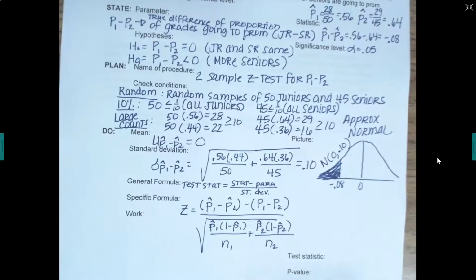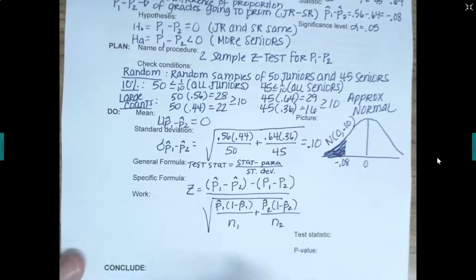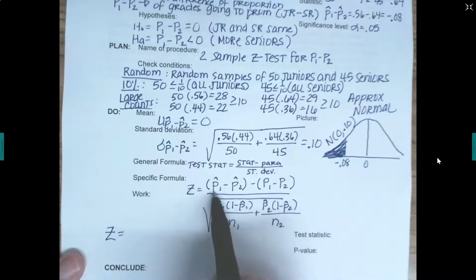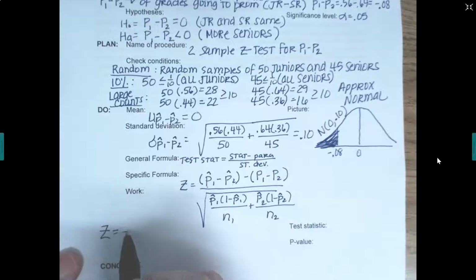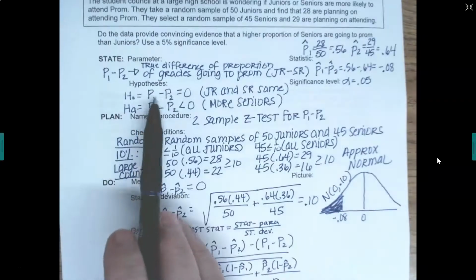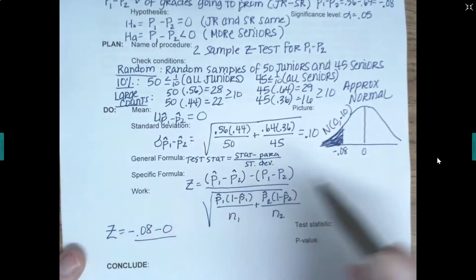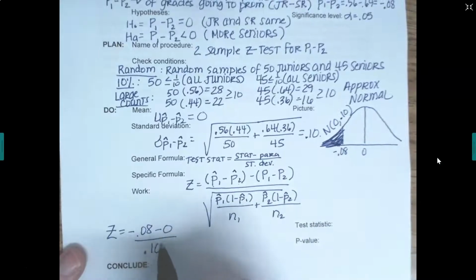Okay, so that's our formula that we are going to plug all our numbers into, because it's going to look a whole lot shorter once we plug in our numbers. So to find our z-score, well, p-hat1 minus p-hat2 was negative 0.08. Our p1 minus p2, if we're assuming the null to be true, is 0. And the standard deviation we just calculated right here is 0.10.